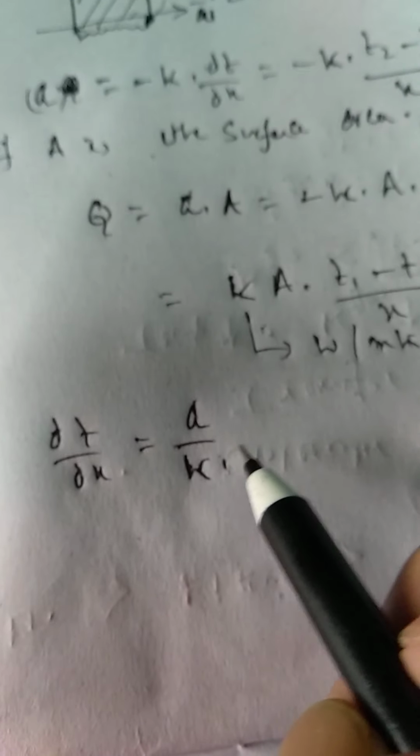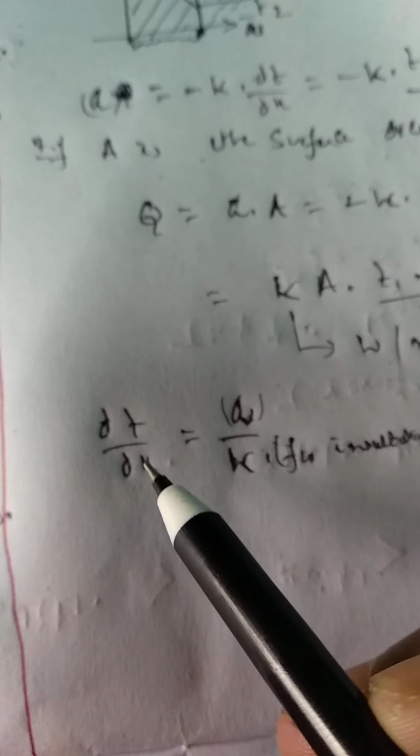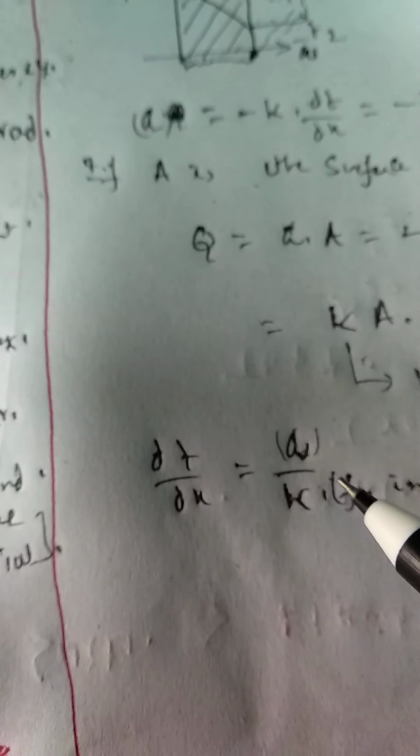For the same q, if we choose a material whose K is low, as for insulating materials, the dT by dx will be very high, and there will be a large temperature difference across the wall.